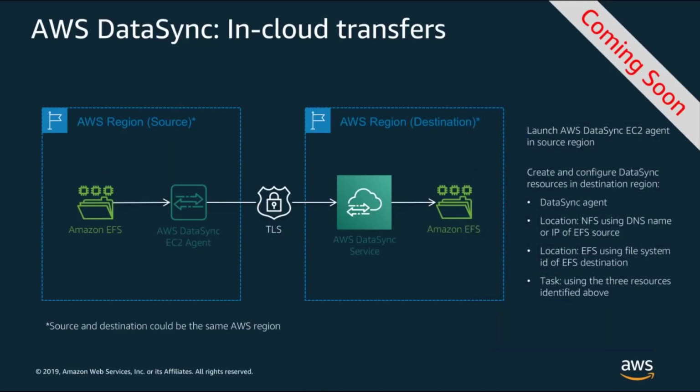To create and configure the DataSync resources in the destination region, you identify the DataSync agent running in the source region. You identify the source location, which is the source EFS file system. And you identify the destination location, which is the destination file system. Then you create a task to transfer your files using these DataSync resources.